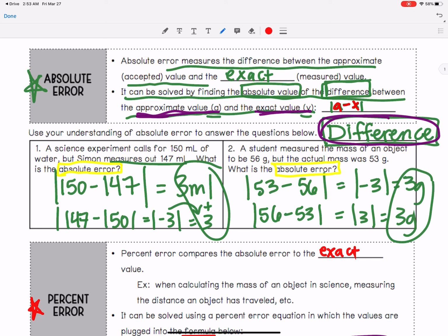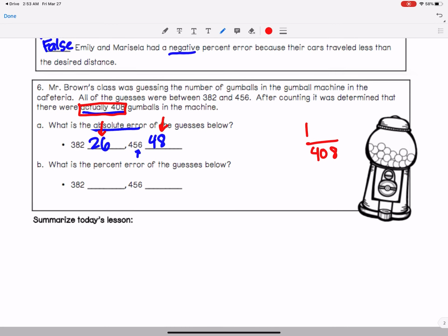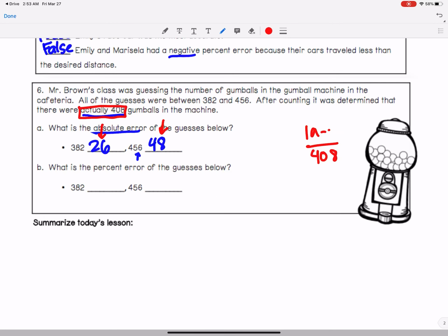So take your approximate value and the exact value. And you'll notice I've put an E there. You can put whatever you want as long as you're doing the math right. Approximate value minus my exact value. Well, we've already done all of that. That's where my 26 and my 48 came in.